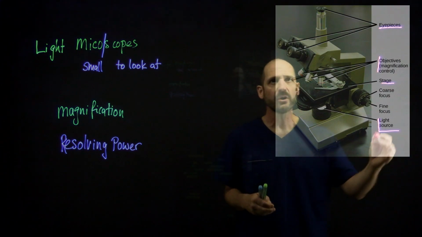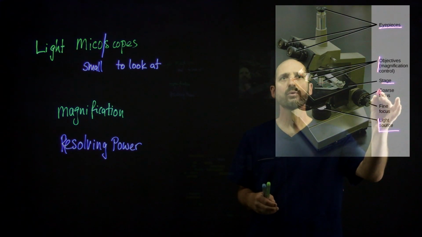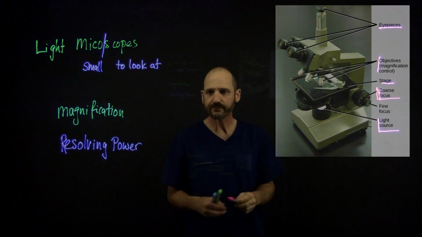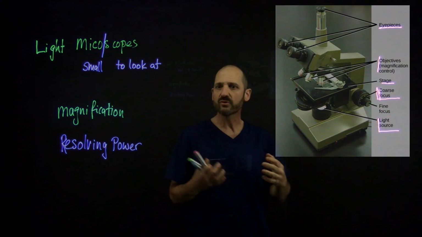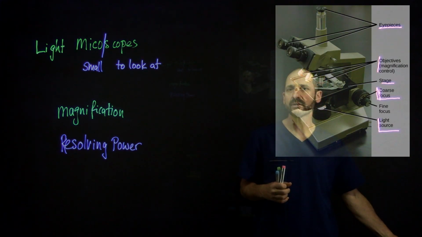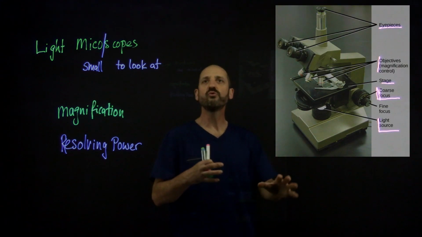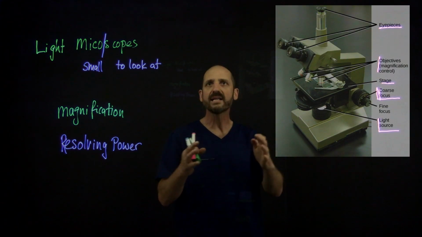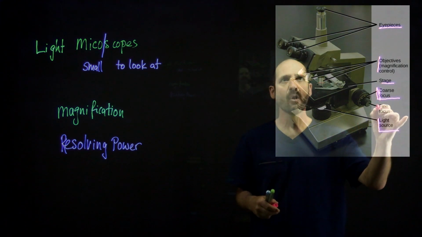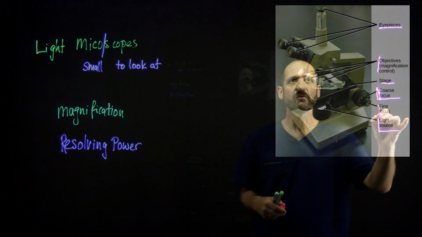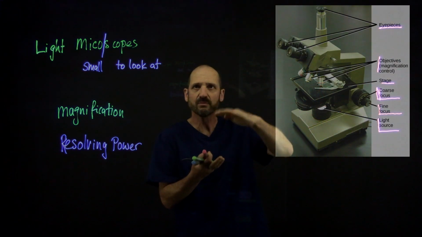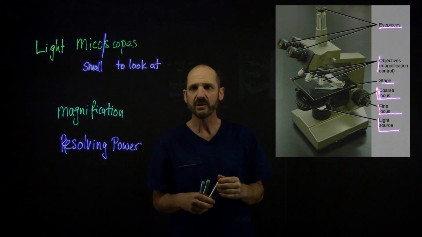Generally first, we use the coarse focusing wheel, the big one, to orient the object on the stage, and we do that at the lowest magnification power, just to get situated. Then we fine-tune with the fine focus knob, the small one, which is not as fast moving, so we can really zone into it.